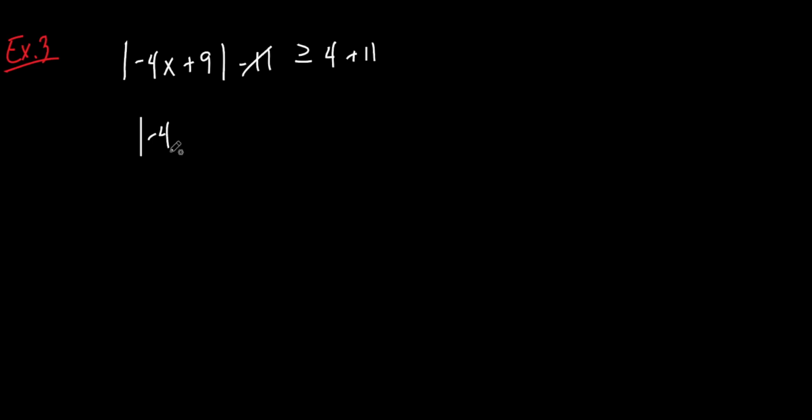So let's just write it out nice and clean. The absolute value of -4x plus 9 is greater than or equal to 15. And now I do the two separate inequalities. The first one, I keep it exactly the same, but I get rid of the absolute value symbols. So I've got -4x plus 9 greater than or equal to 15. Now this is greater than, so is this going to be "and" or "or"? It's going to be "or."